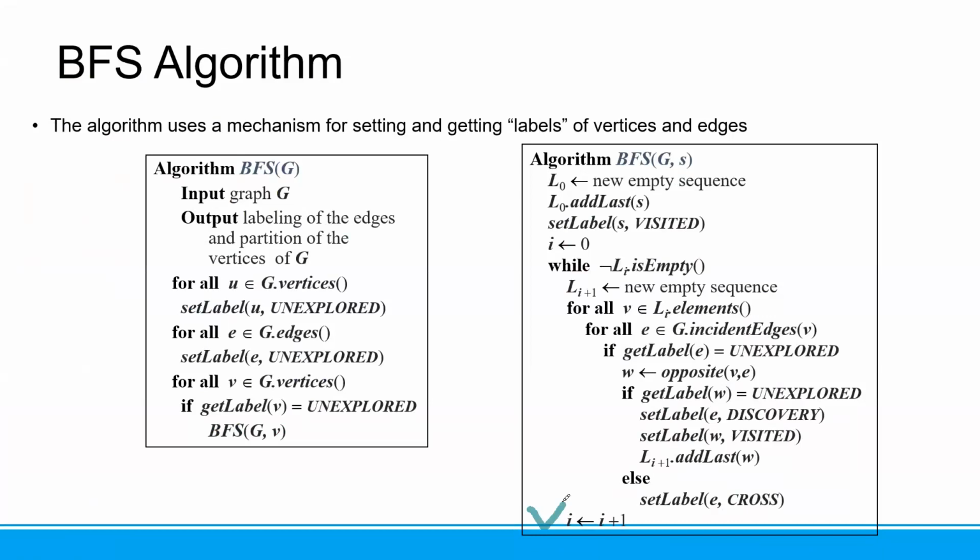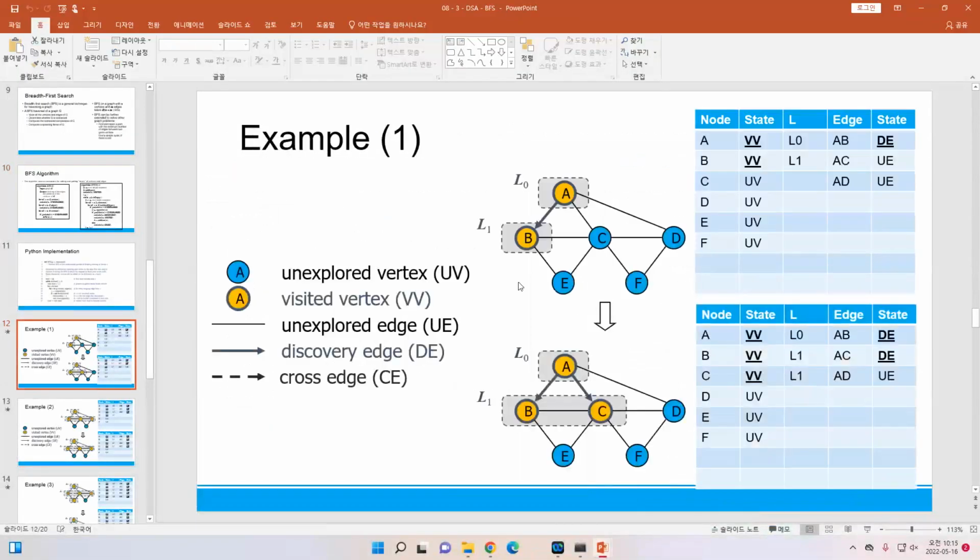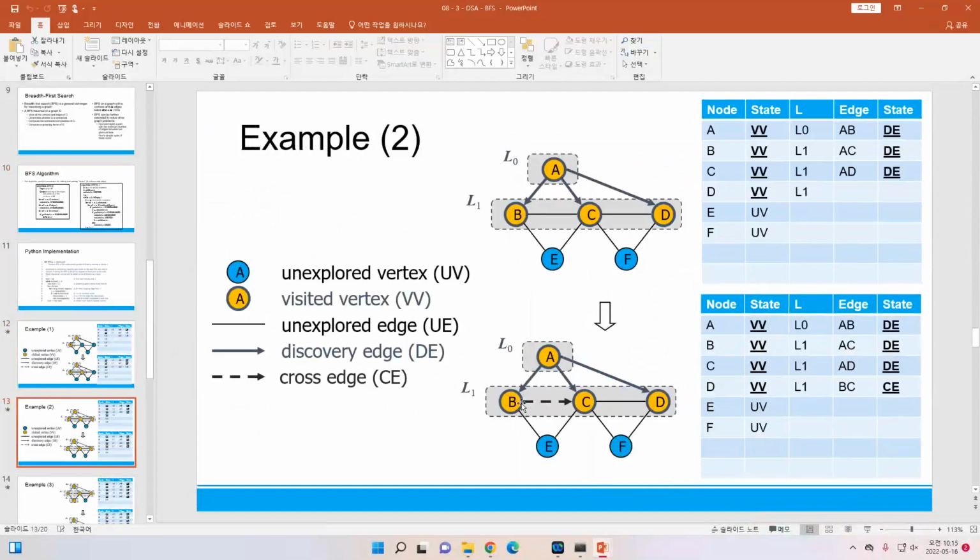What is B? So B will have the incident edges. What are the incident edges of B? The incident edge of B is BC. There is another one, BE, but we are not dealing with BE at this moment. Why?